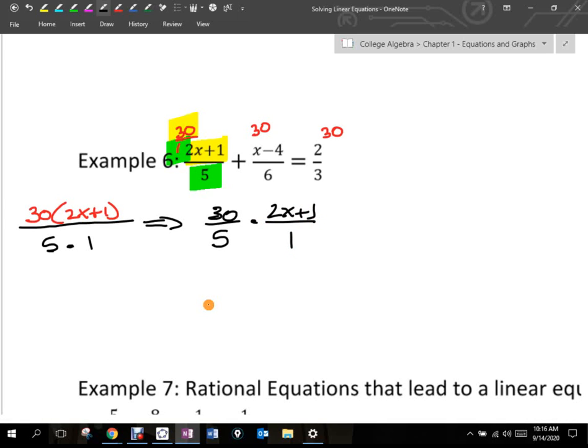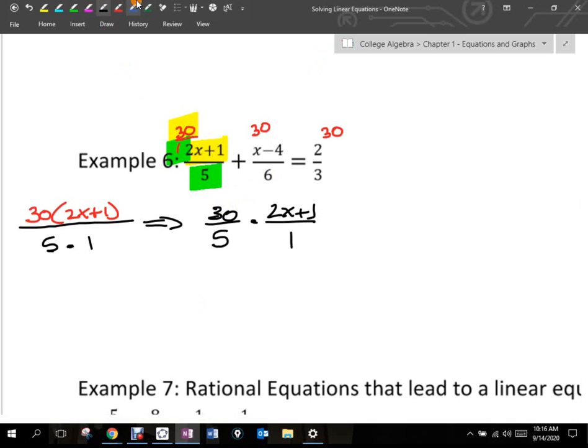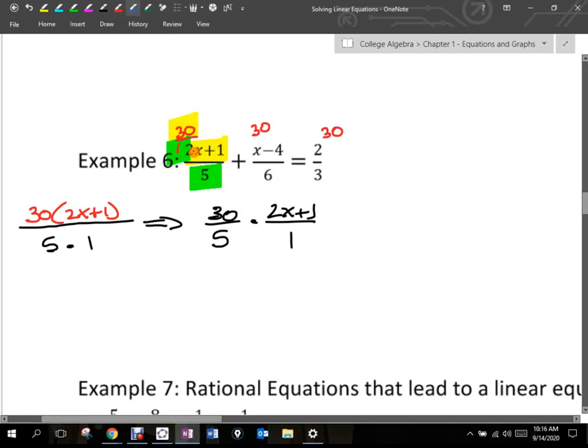And what's 30 over 5 the same as? 6. So that's where in Algebra 1 or Algebra 2, when you're taught, hey, because 30 and 5, 5 goes into 30 six times, you cancel those out and leave you with 6. The logic of why you can do that is this stuff right here.